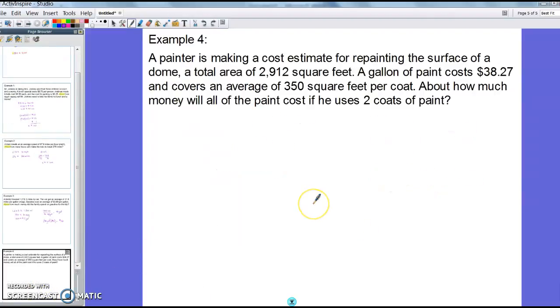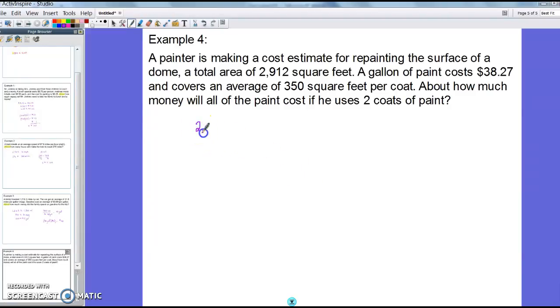Okay, one more example. A painter is making a cost estimate for repainting the surface of a dome. Total area of 2,912 square feet. A gallon of paint costs $38.27 and covers an average of 350 square feet per coat. About how much money will all the paint cost if he uses 2 coats of paint?